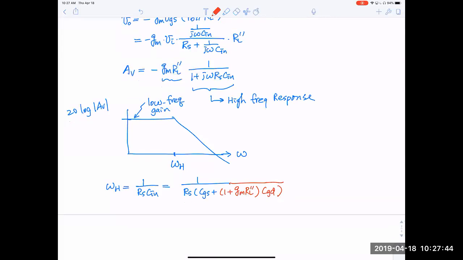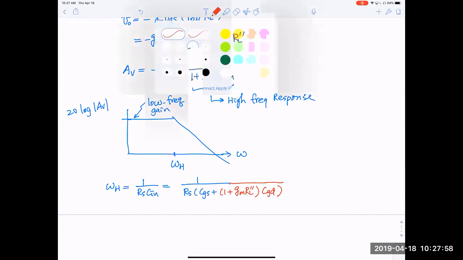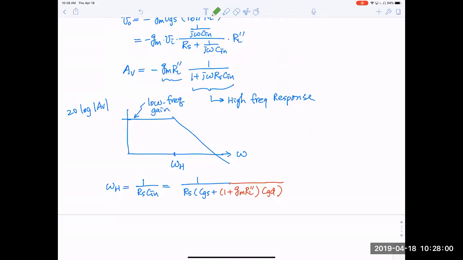So you see the response, in addition to the gate capacitance CGS that we normally see, because of the Miller effect, the capacitance has increased a lot. So remember that GM RL double prime is a large number. This is a gain, right?